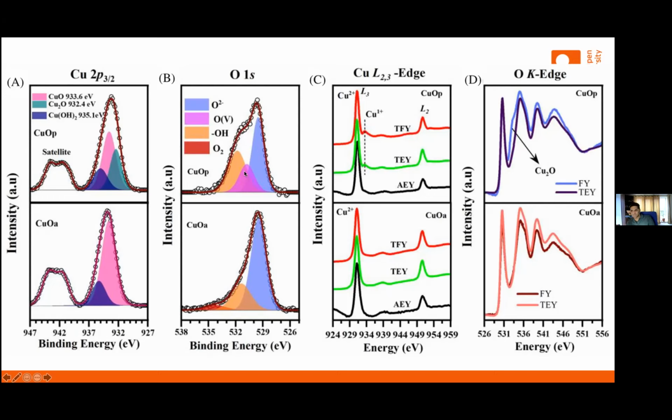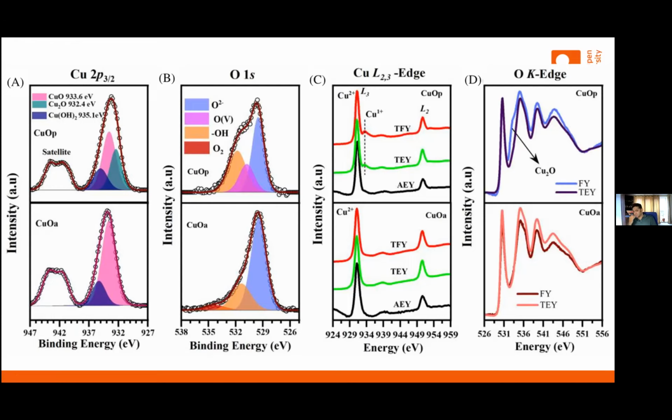So we haven't stopped there. We thought, okay, the results are getting much more interesting, why don't we do a NEXAFS? NEXAFS is near-edge X-ray absorption fine structure, which will give information not only on a particular state, say, for example, in this case the copper L edge. The L edge is 2p to 3d transitions.